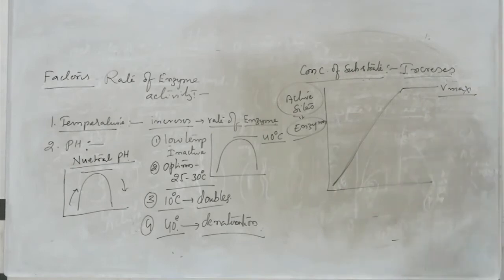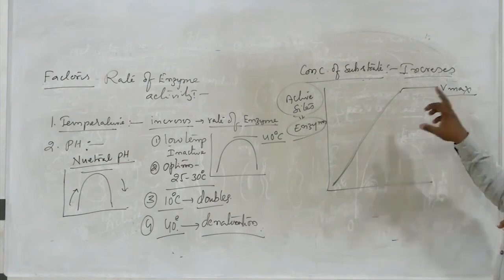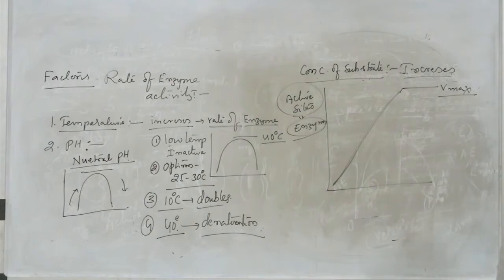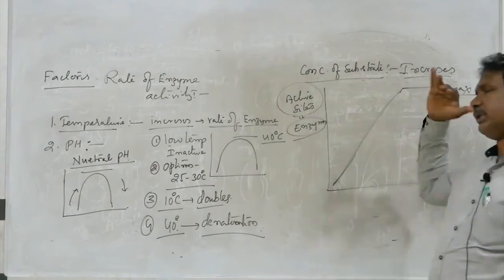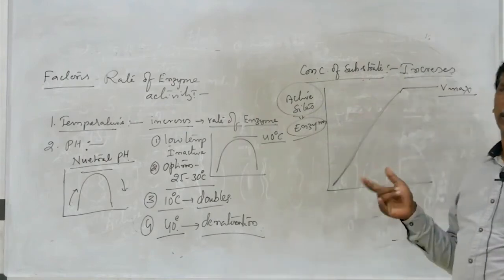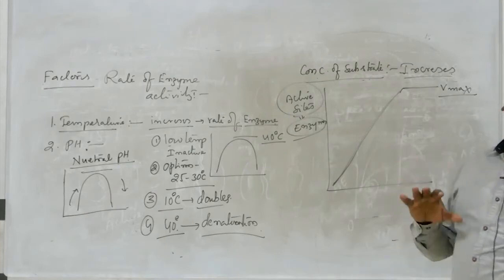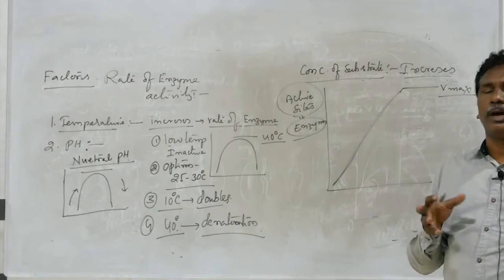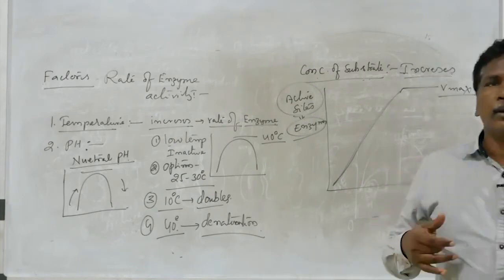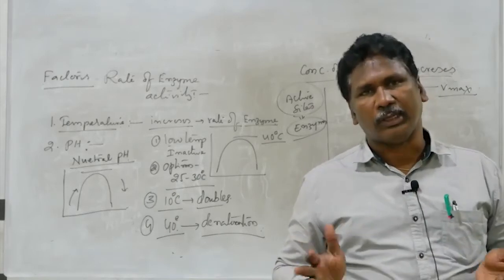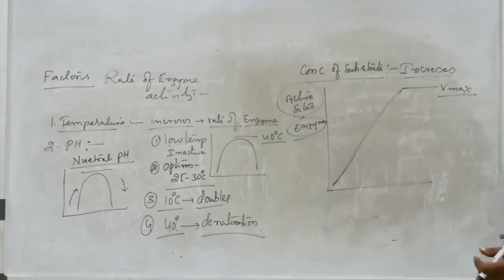Vmax means the enzymatic activity is at its maximum, highest level. There is no further increase in the velocity of enzyme activity because all enzymes containing active sites are participating in the enzymatic activity.